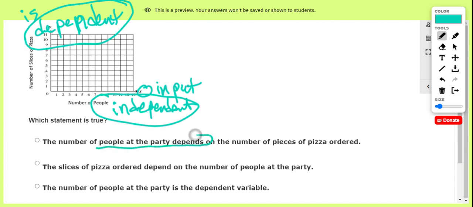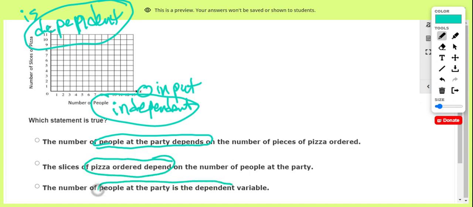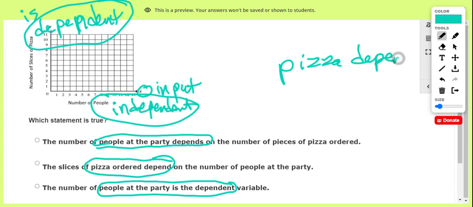So people depends, pizza depends, people depends. So you're going to check and see which one is true. So pizza depends on people.